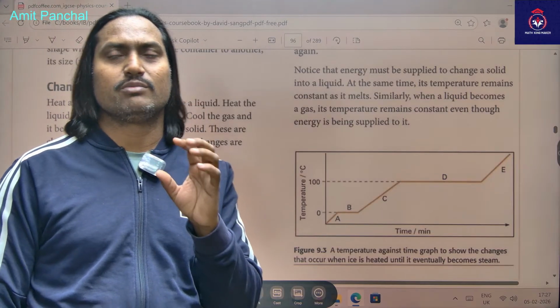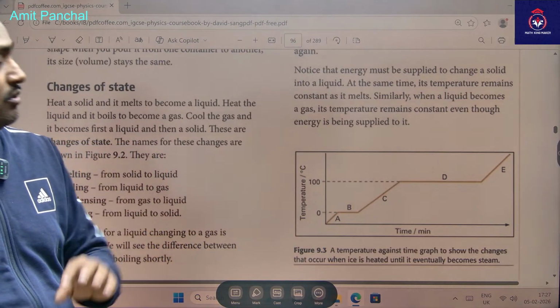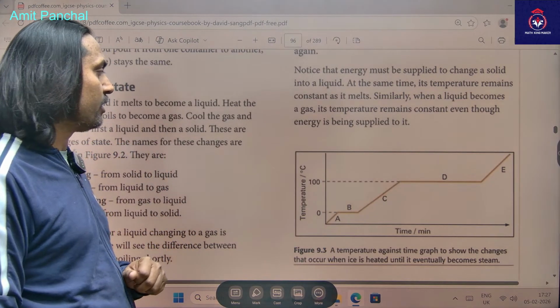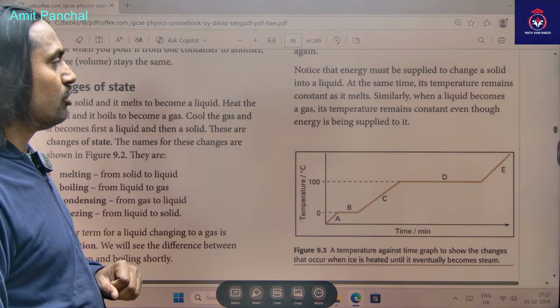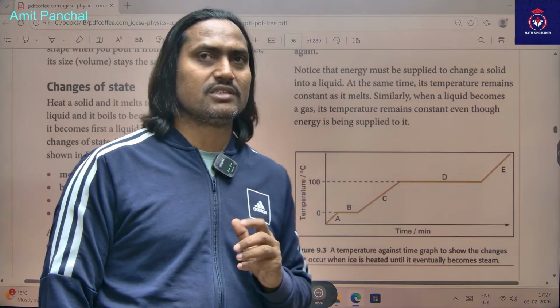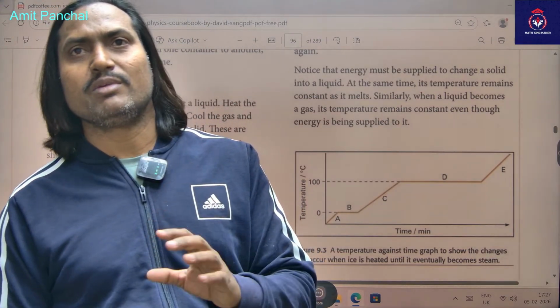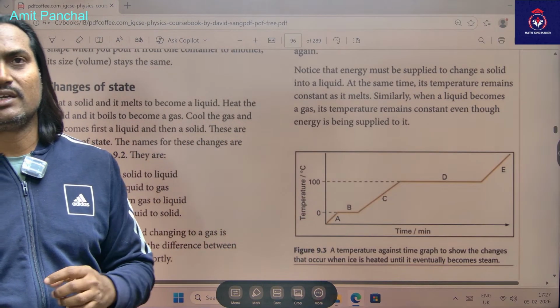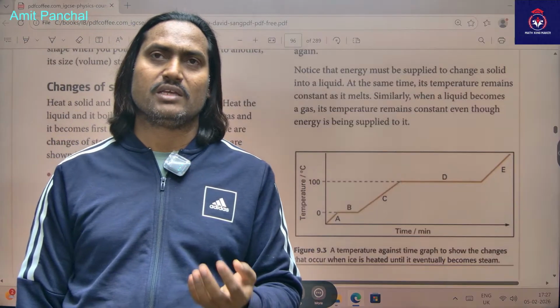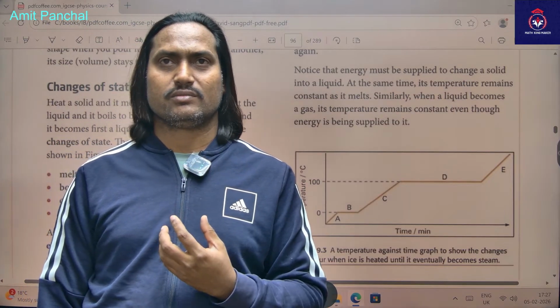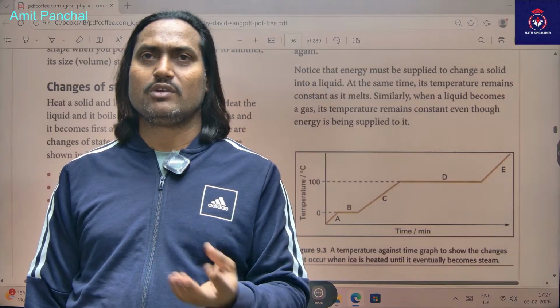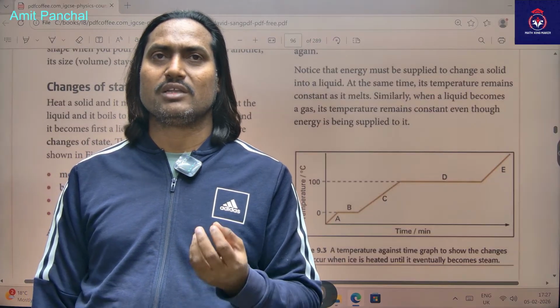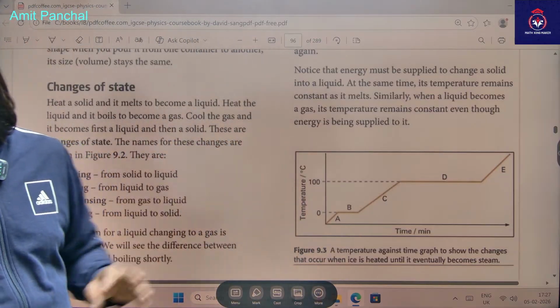There is no fixed melting point common to every material. Whenever there is a change in state, there will be a change in energy as well. Either it is losing energy or gaining energy.